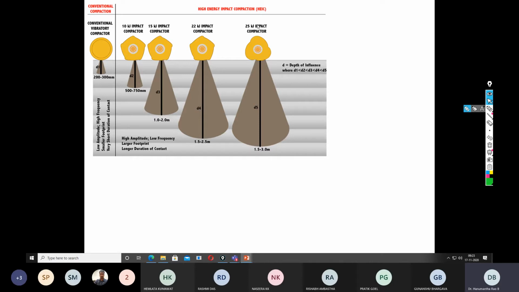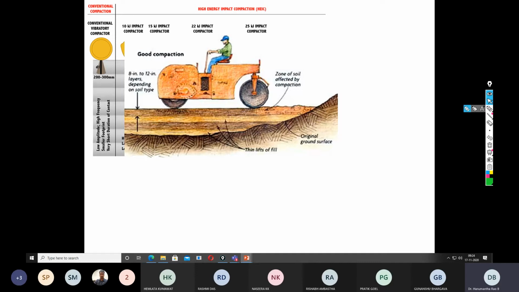As you increase energy, you improve more and more soil depth. You can see 500 to 750 millimeter of soil can be densified with 10 kilojoules of impact energy, 15 kilojoules up to 1 to 2 meter, 22 kilojoules 1.5 to 2.5 meter, and 25 kilojoules 1.5 to 3 meter. This is what we have seen.